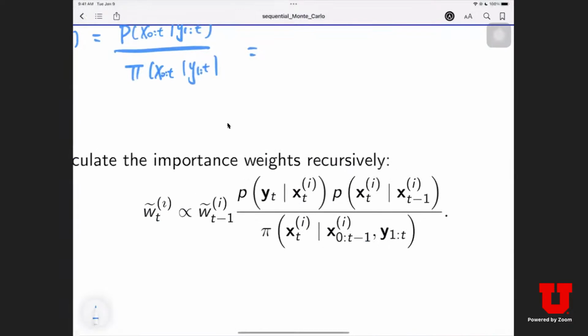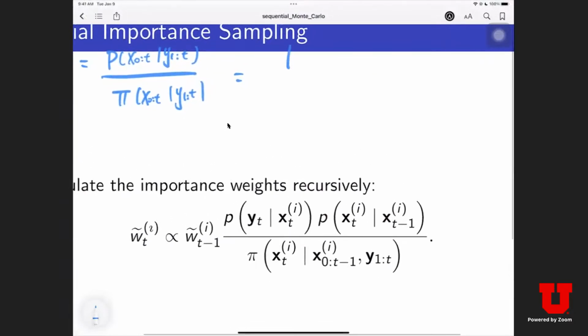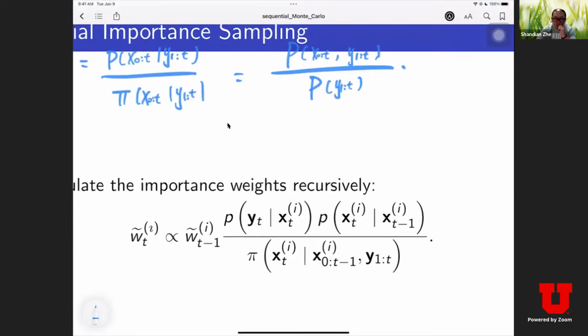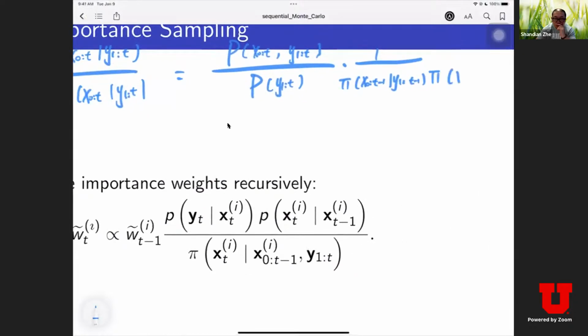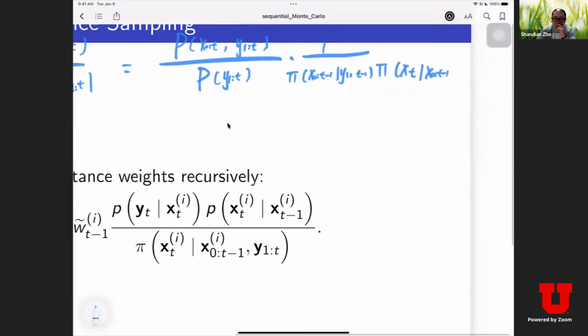And we will know that the x_0 to t, y_0 to t.